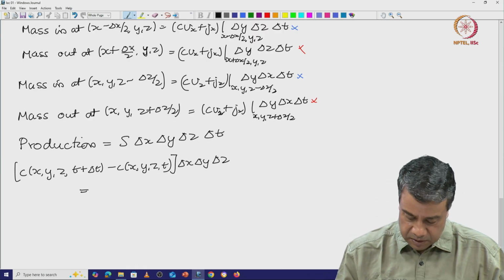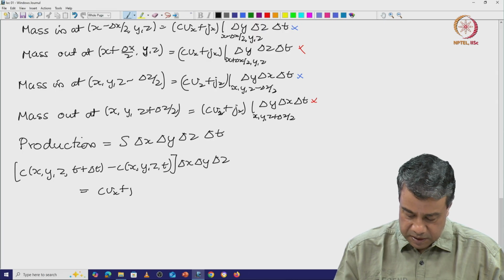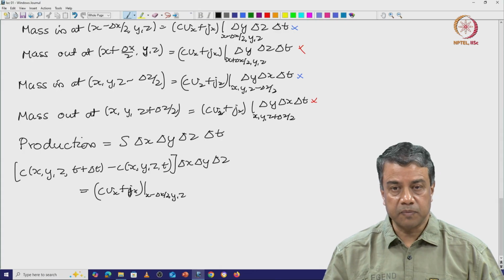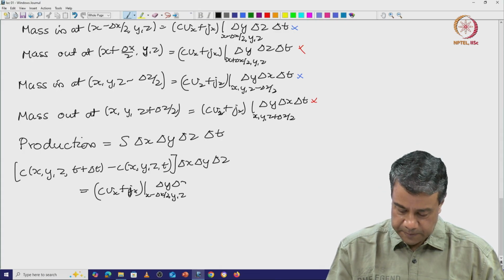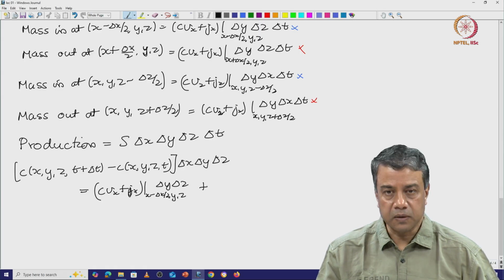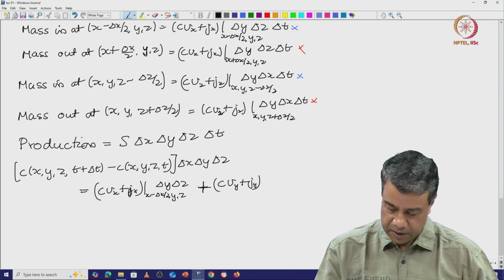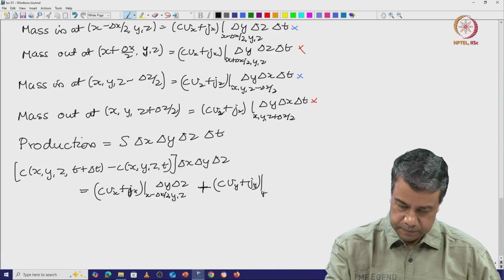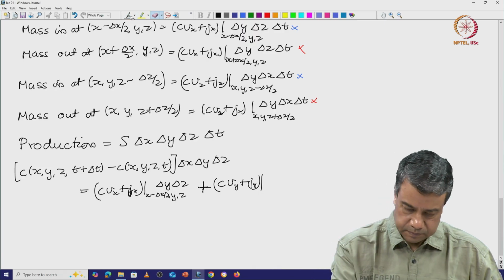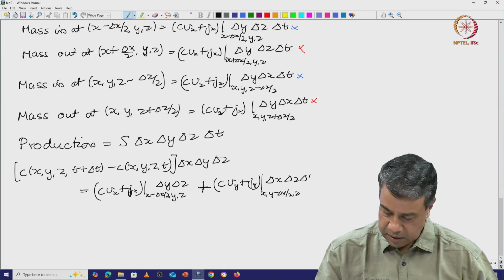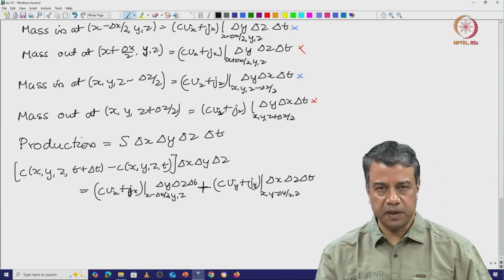So, this will be C Vx plus Jx at x minus delta x by 2, y, z multiplied by the perpendicular area, that is delta y delta z, plus in the y direction, C Vy plus Jy at x, y minus delta y by 2 comma z times delta x delta z, and both have to be multiplied by delta t as well.